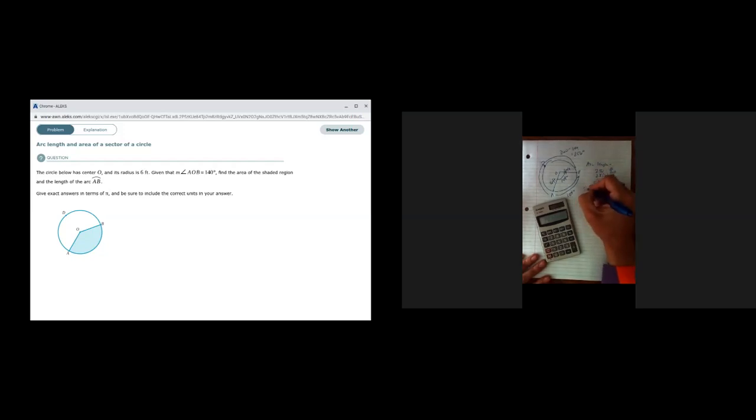And our sector area is going to be pi r squared times theta over 360. So that's going to be pi times our radius, which is 6 squared, times 104 over 360, because we're looking for how big is that chunk of the circle.